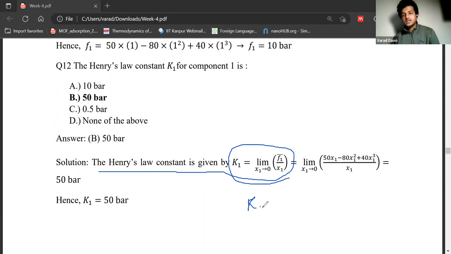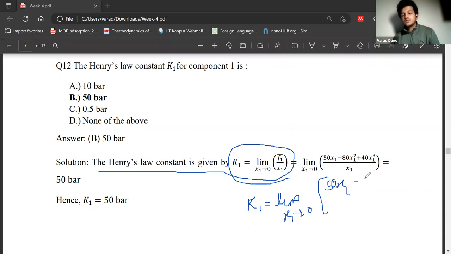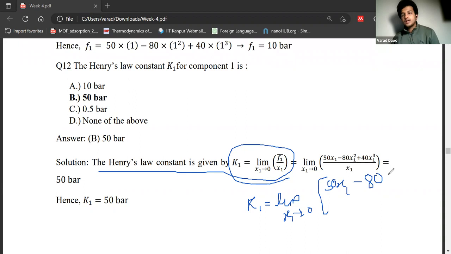So k1 is nothing but the limit as x1 tends to 0 of F1 bar by x1. F1 bar is 50x1 minus 80x1 square plus 40x1 cube, divided by x1. If we put x1 equal to 0 right away, we get a 0 by 0 form. So instead we take x1 common from the numerator and cancel it out.